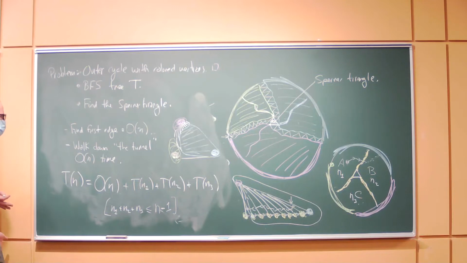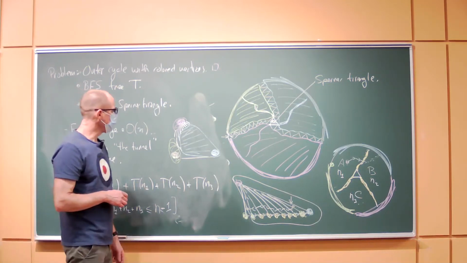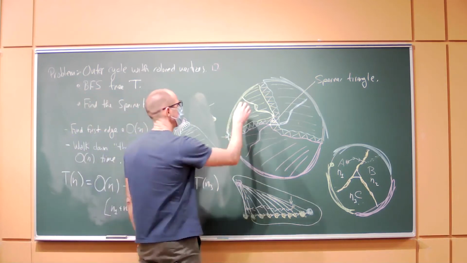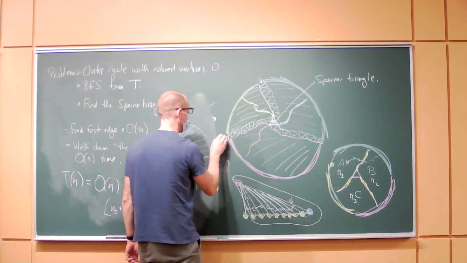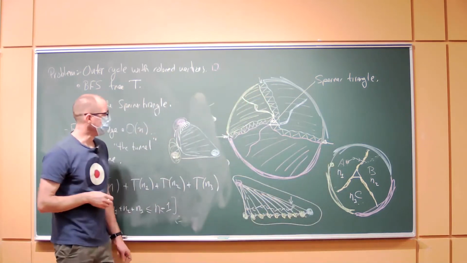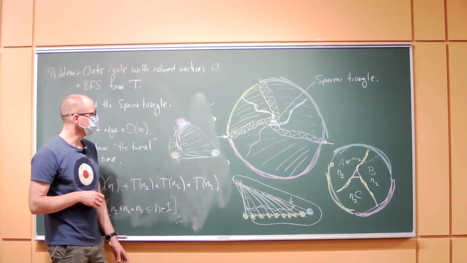So that suggests something nice that I can do, which is to start at all three tunnels sort of in parallel, if you like, though you don't have to really do it in parallel.